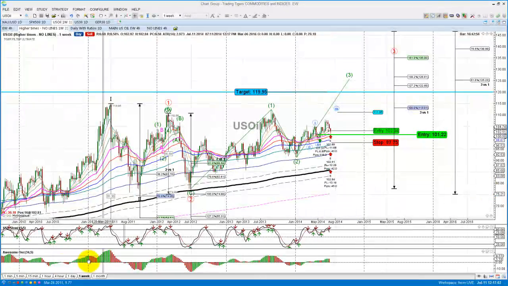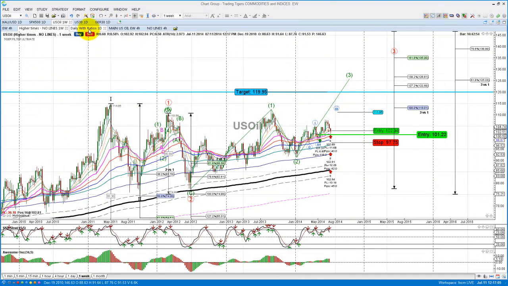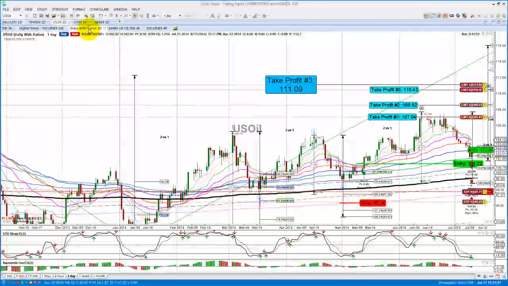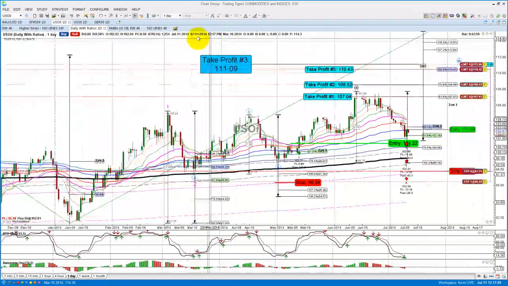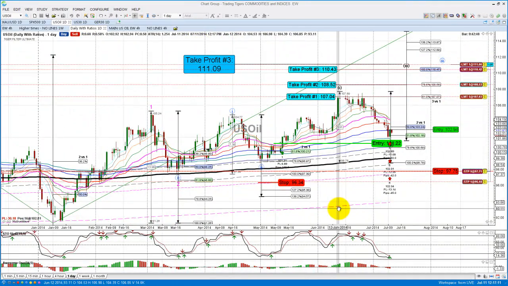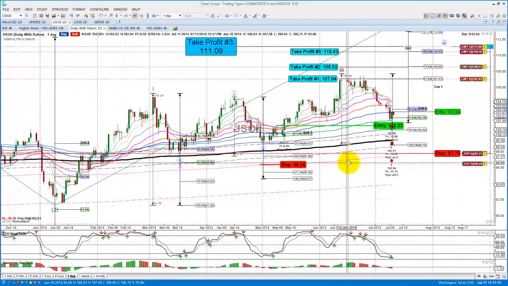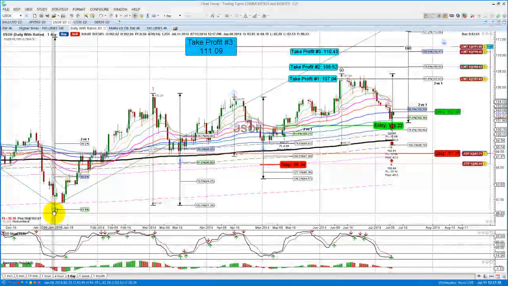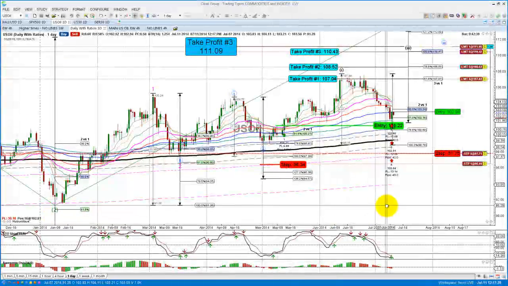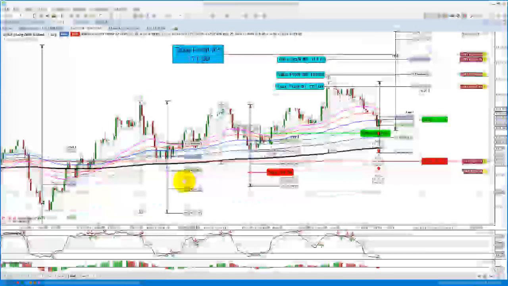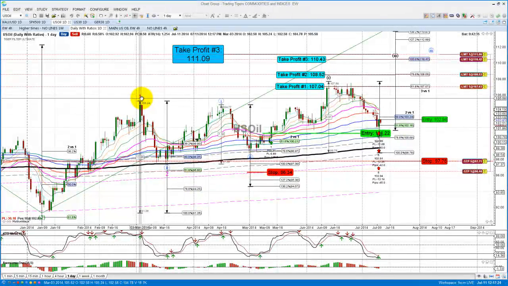So the trades that we have entered, we take on the 4-hour, as you can see. Now taking it to the daily chart, this is the wave 2 of the intermediate, and the intermediate is then broken down into the minor, which is pink.